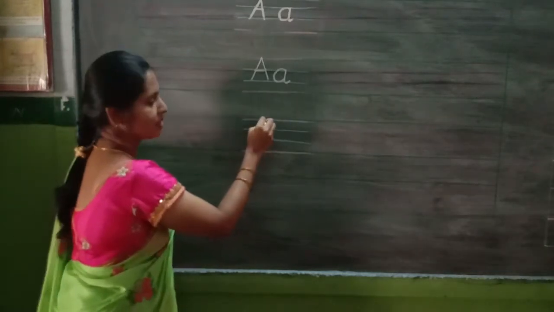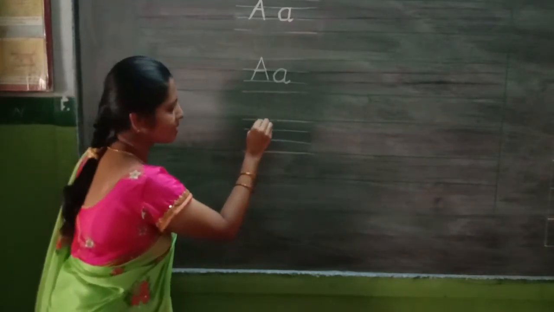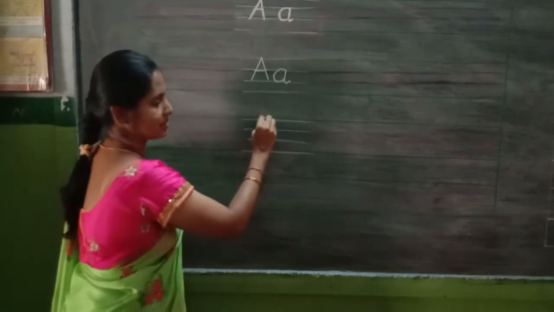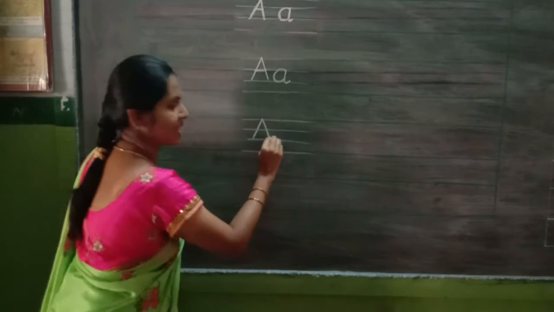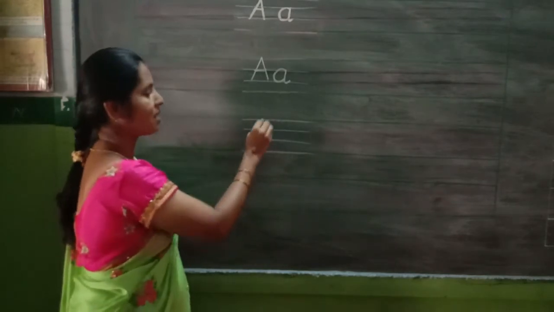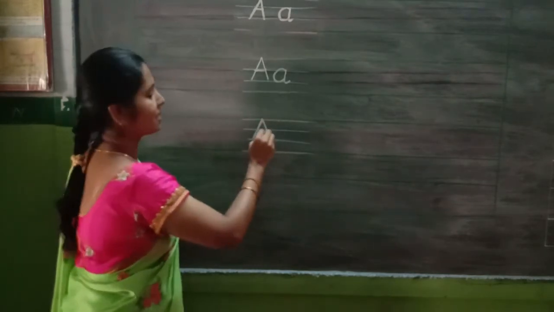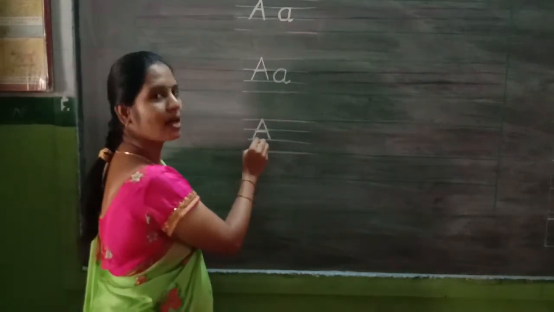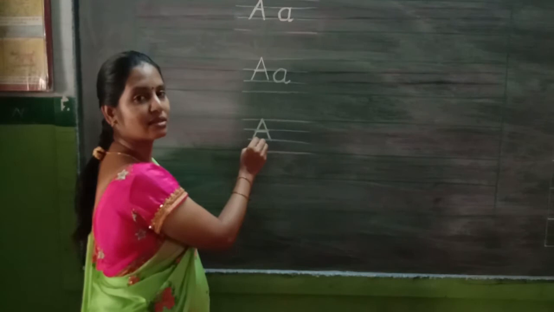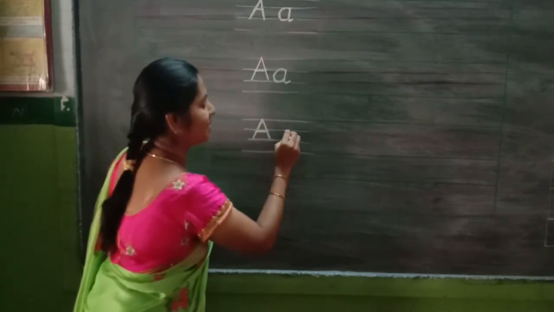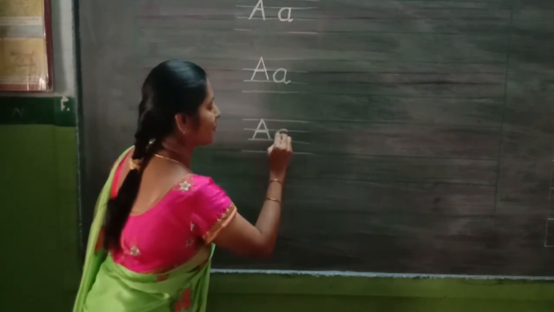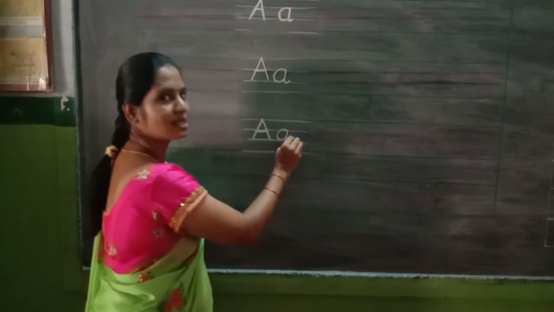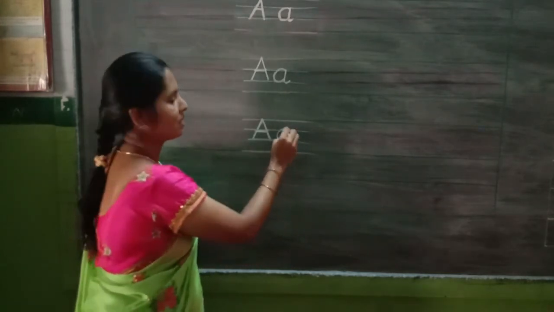Again, mama letter A, slanting line, right slant and left slant. Slanting line, sleeping line. This is your mama letter A, big letter A, and baby letter A. What is the sound of A?